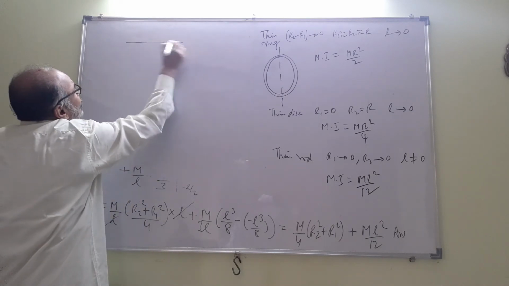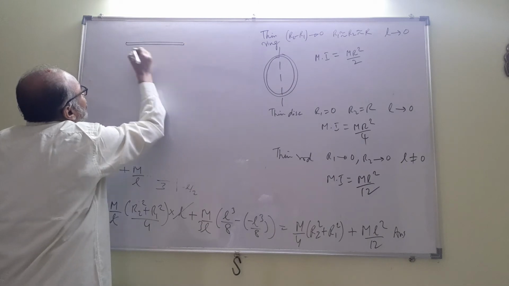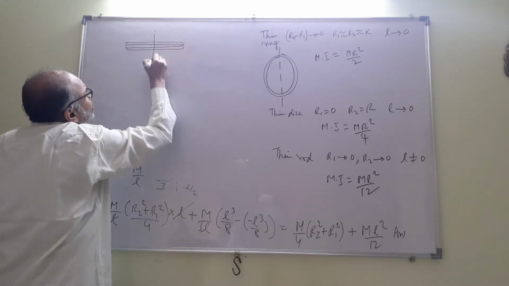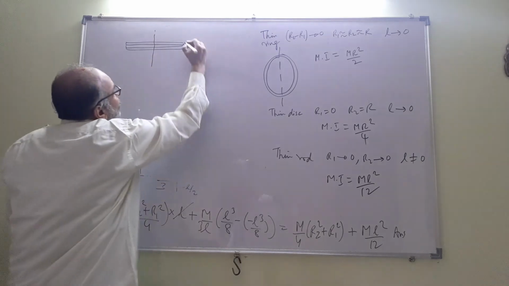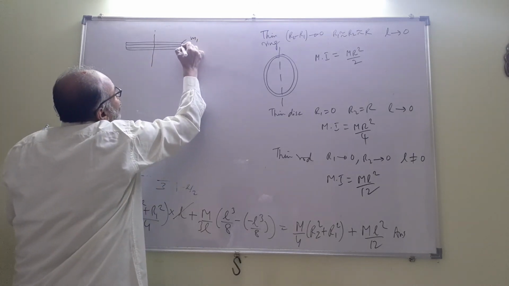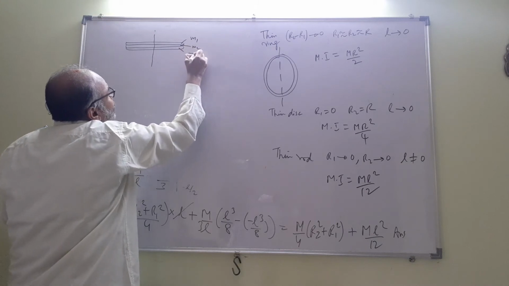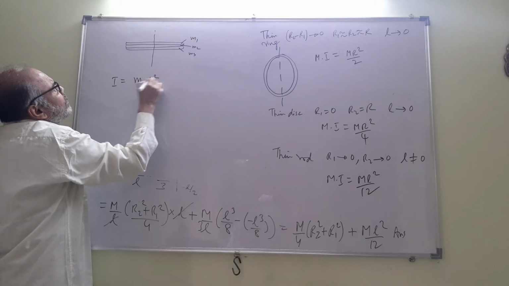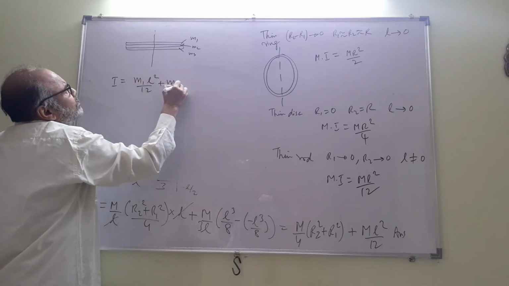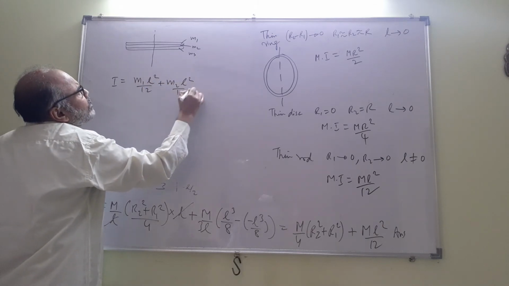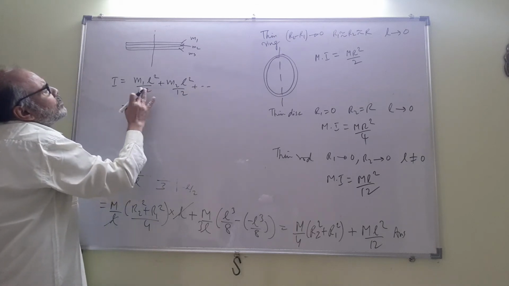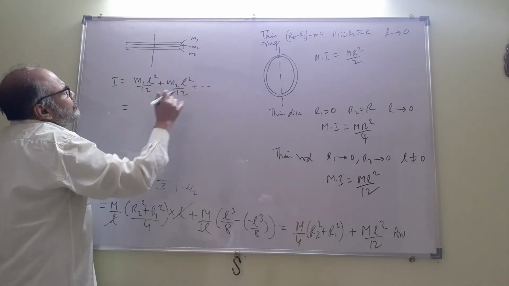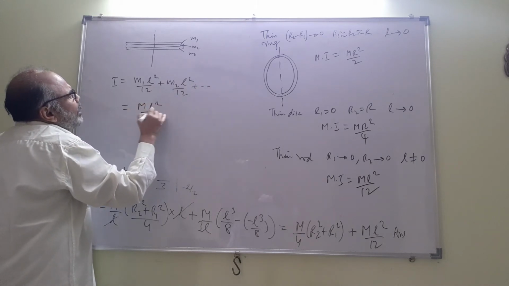If you add one thin rod and another thin rod and another, so on, stacked up, if the masses are m1, m2, m3, etc., the total moment of inertia would be m1 L squared by 12 plus m2 L squared by 12, so on. So L squared by 12 will be common, and all the masses will add, and you will get mL squared by 12.